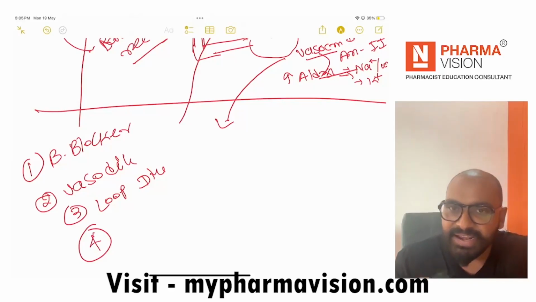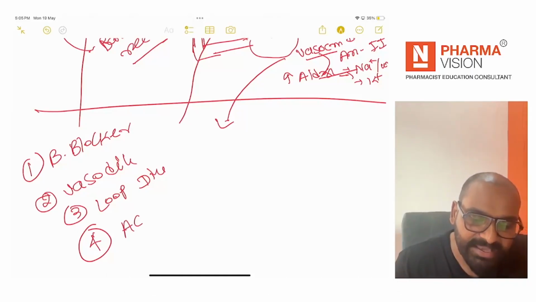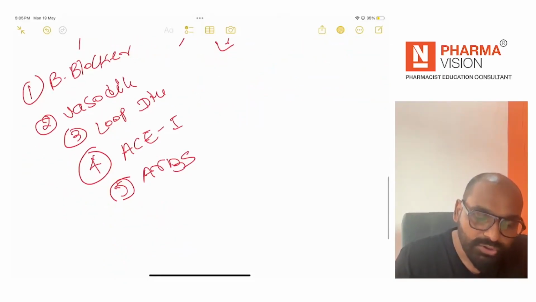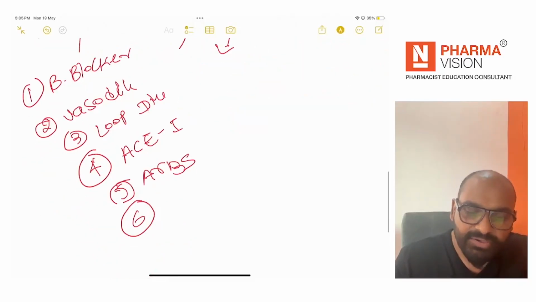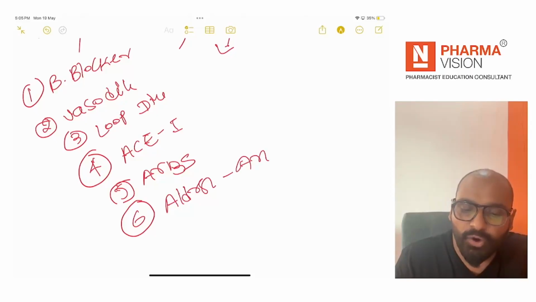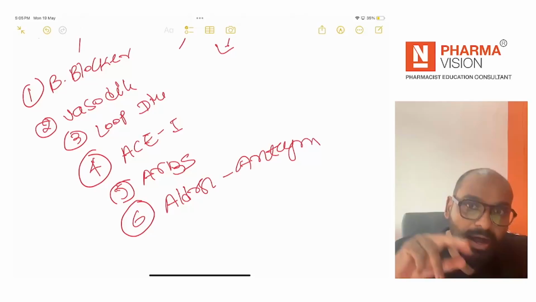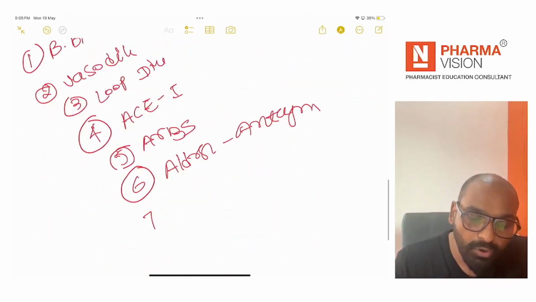Fourth, the renin-angiotensin system is activated, so renin-angiotensin system related medications like ACE inhibitors and ARBs. Okay, also aldosterone concentration is high, so aldosterone antagonists. This is another class of medications.